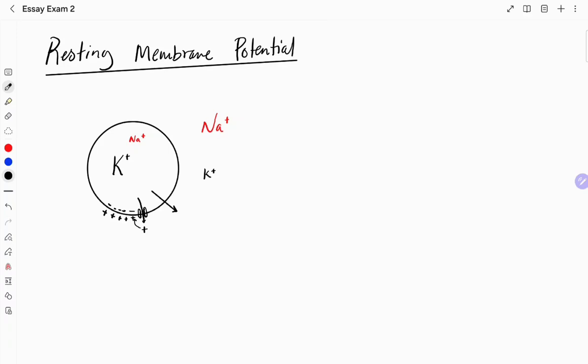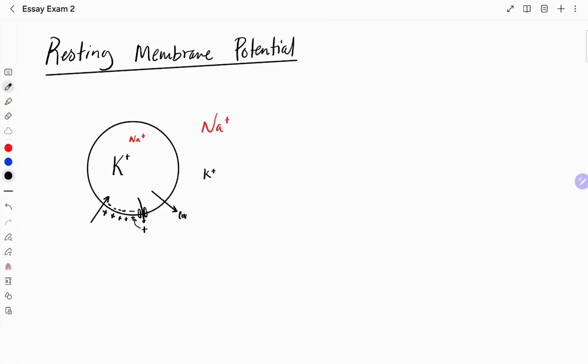What this has caused for potassium is an electrical gradient, because these potassiums are being pulled back toward the cell this way due to those negative charges.